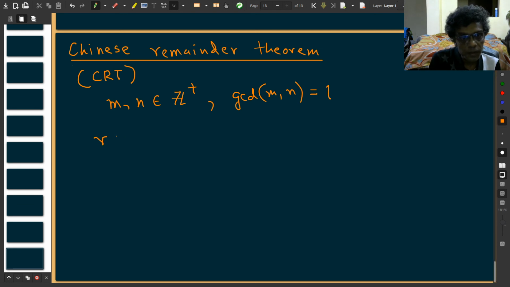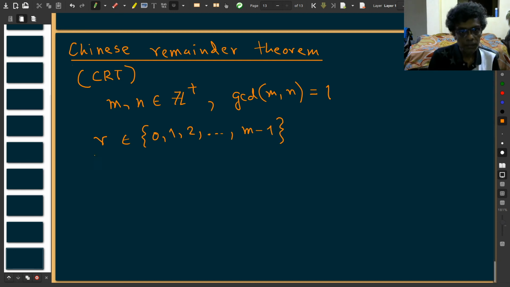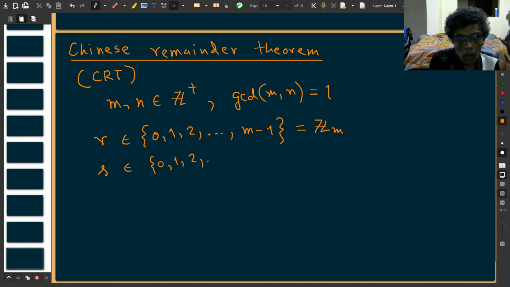That means r in the range 0, 1, 2 up to m minus 1, which we have defined as Zm in the earlier class. Likewise, if I am given a remainder, let us say s, in 0, 1, 2 up to n minus 1, we call this set Zn.